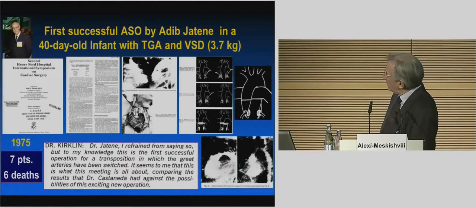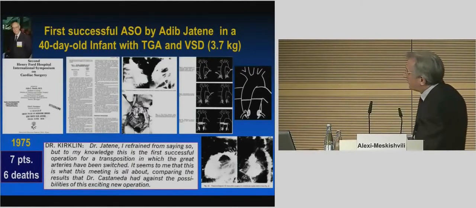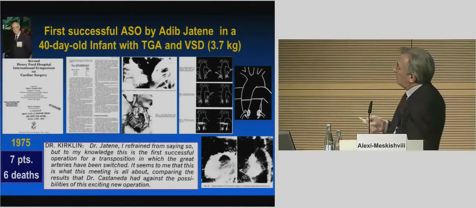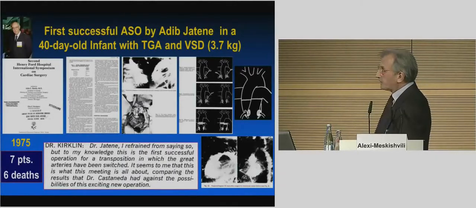He operated on one patient who died, and the next operation was successful in a small infant with VSD. And this is the original publication from the Henry Ford Symposium, a very important symposium of that time, 1975. Afterwards, he operated on another five patients. He lost all these patients, and he stopped doing arterial switch operation and switched to performing the Mustard operation.